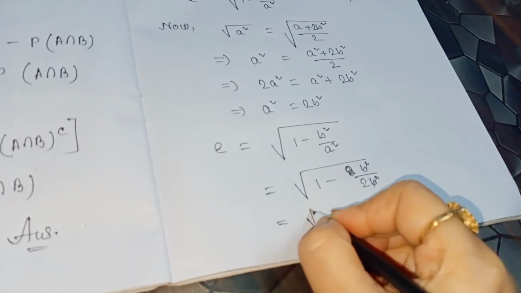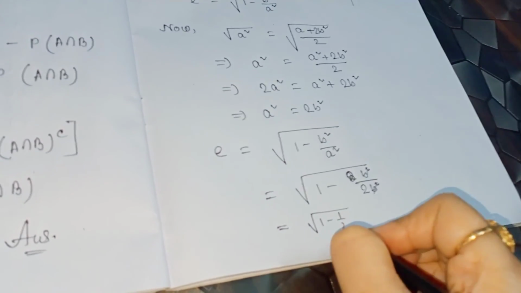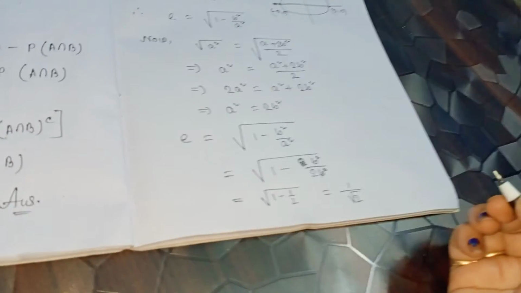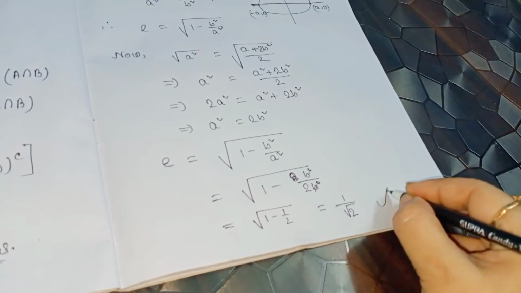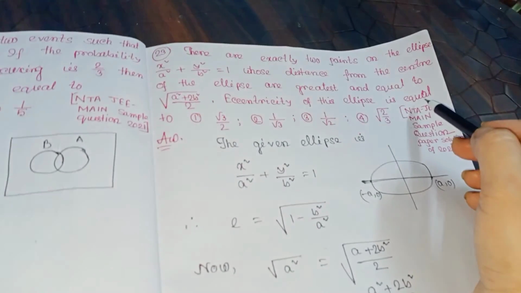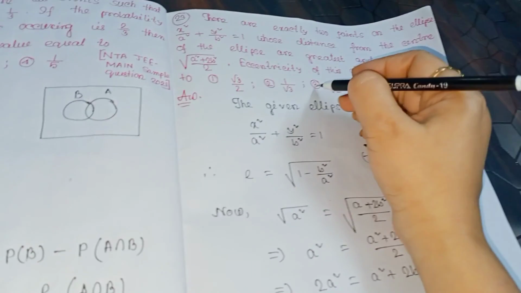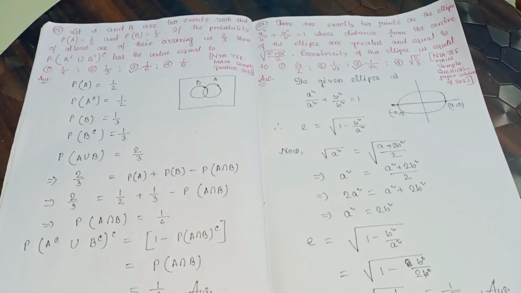So here we get root over 1 minus half, that is equal to 1 by root 2. So 1 by root 2 is the eccentricity, and we reached our required answer. So option 3 is our correct choice. Here is the whole solution of the two problems.